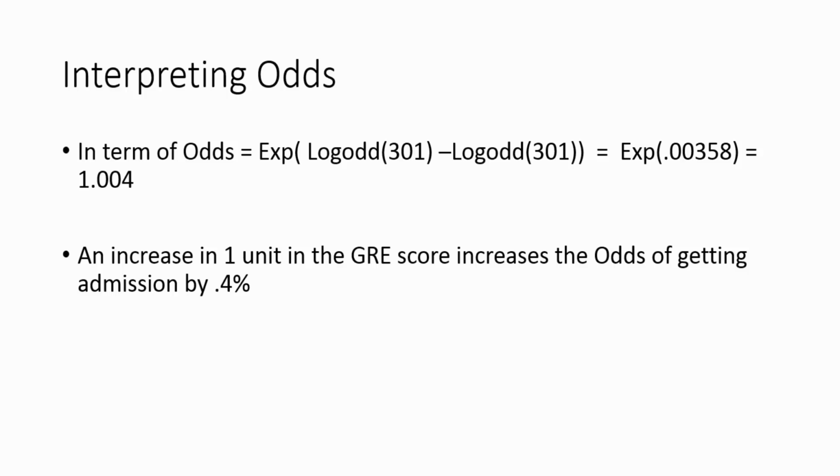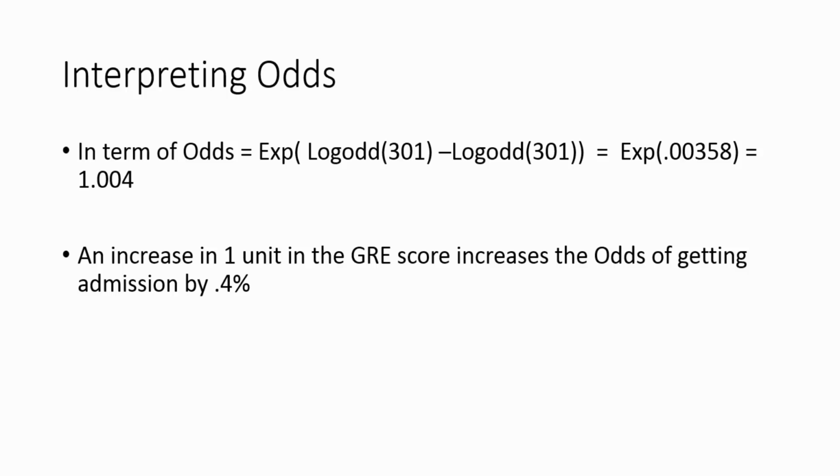Well, you can see 1.004. The extra value after the 1 is what is added to the chances of getting admitted to the graduate school. So whatever is there after this point, take just 1 away from it. Like 1.004 is there, subtract 1 from there, so what remains is 0.004.